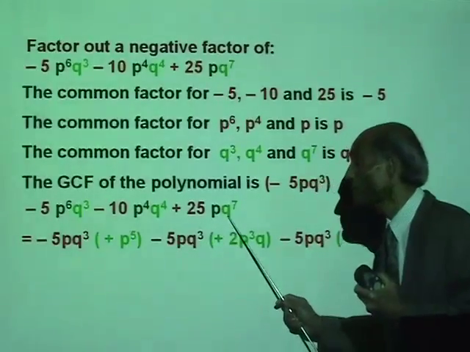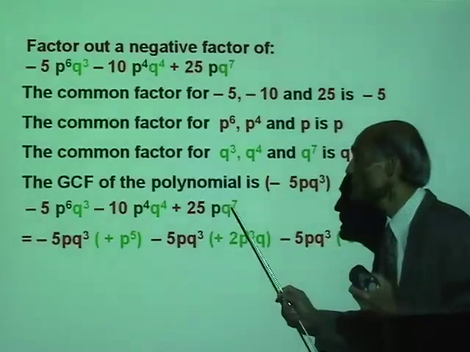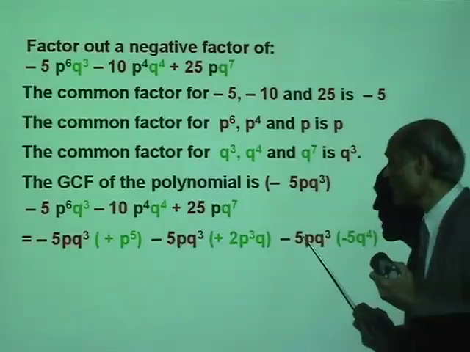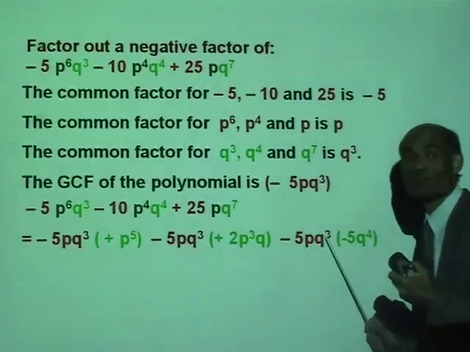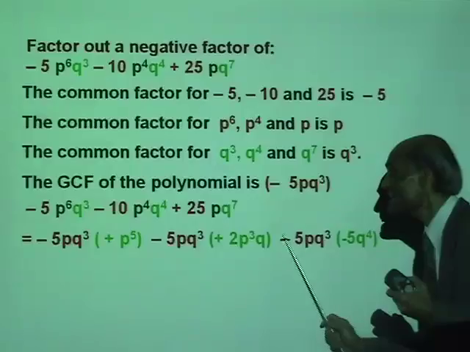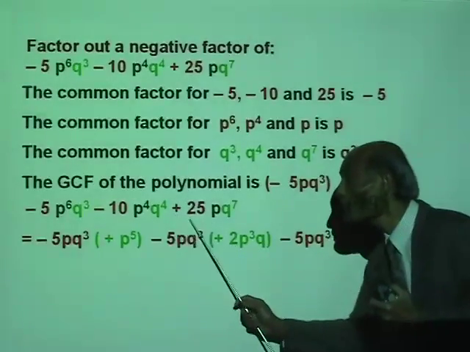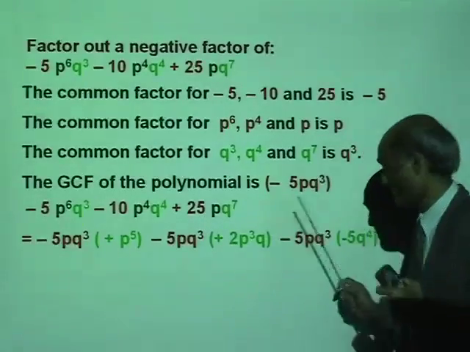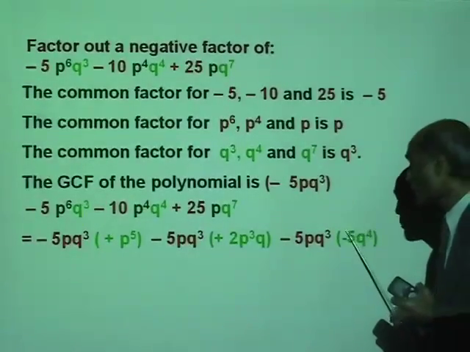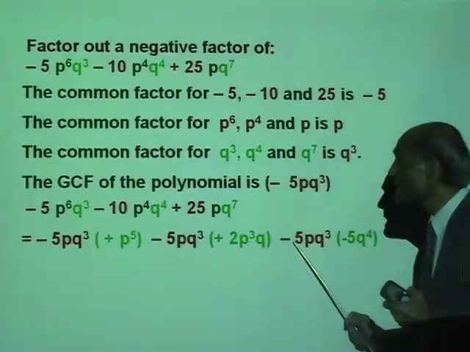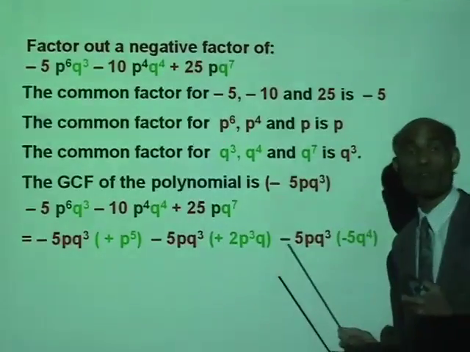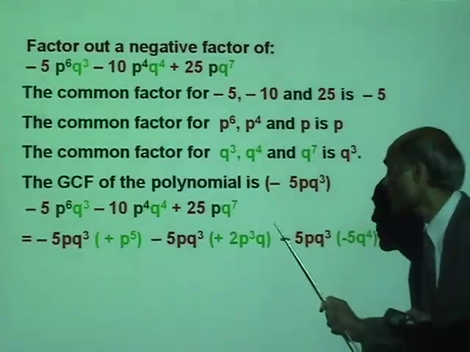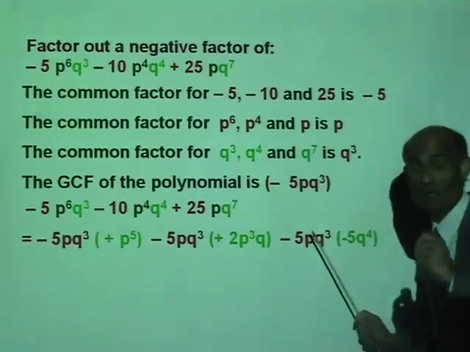Alright, look at the last term. 25p q to the 7, you factor out a -5p q cube. When you factor out a -5 from a positive 25, the remaining factor is a -5. Why? Because -5 times negative 5 is positive 25. Now, from p we factor out the p, leaving a 1.